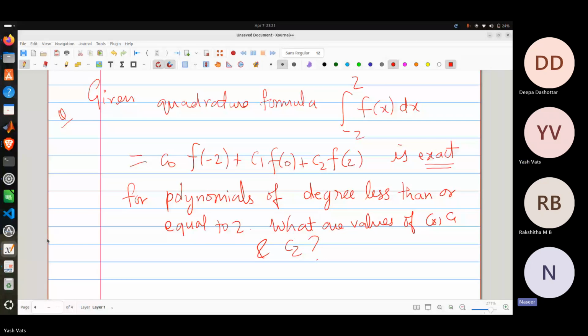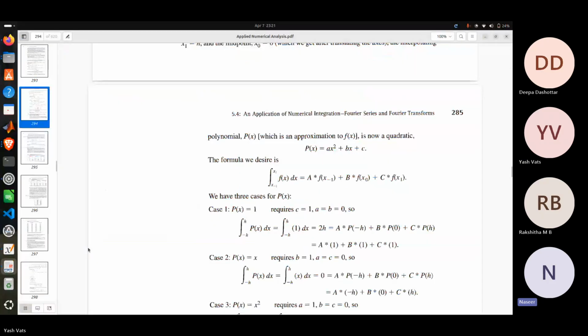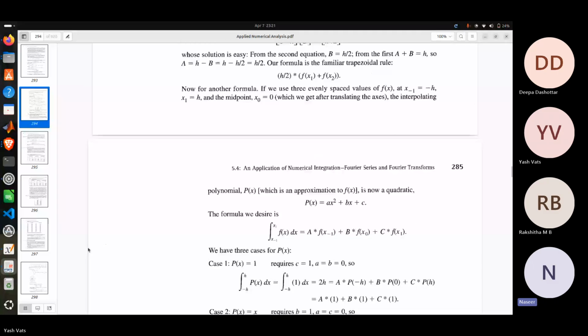Now my question is, since f of x is unknown, in quadrature, if you try to see the similarity between Newton-Cotes and quadrature: in Newton-Cotes, we know the x values, the points at which we are finding the integral. But in quadrature, the x values are also unknown. That's the basic difference. Can you just go back to the slide, sir?